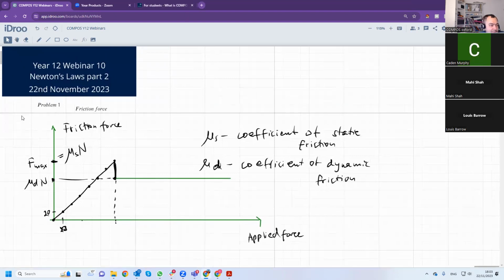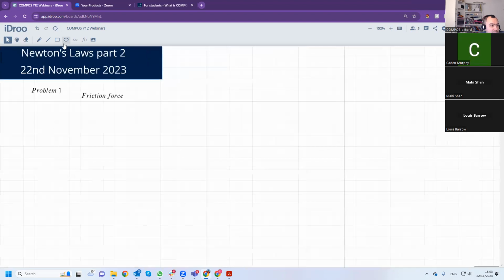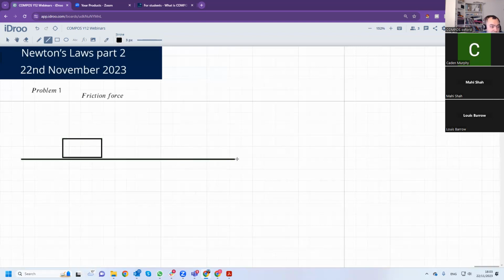So the setup for the experiment is as follows. We have a box. We're talking about what friction force is and what you do with the friction force.